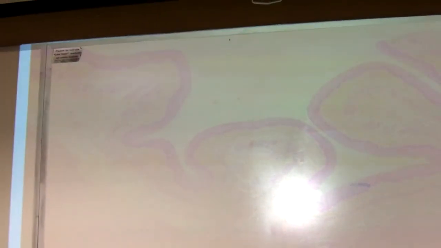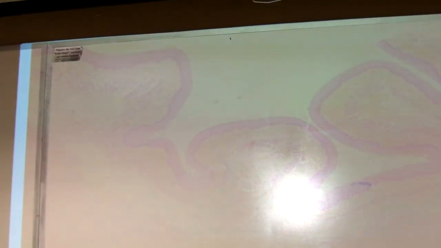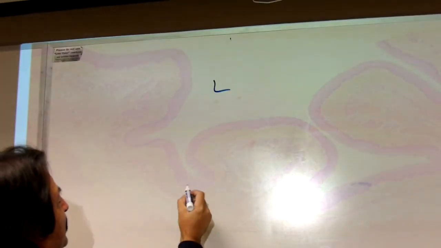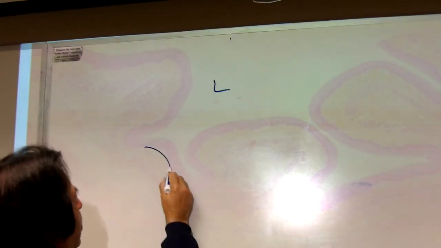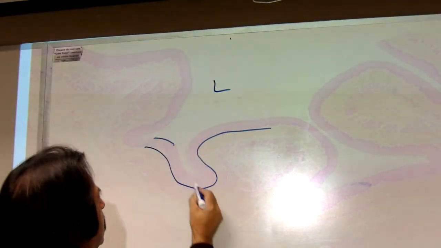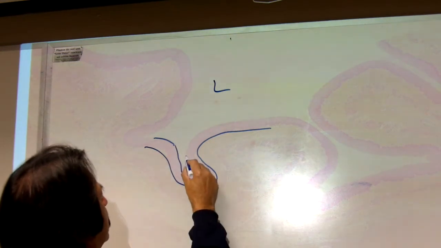Let's take a look at this tissue. All right. Right above the thing. All right. So lumen of the esophagus, okay, and the band of epithelium.